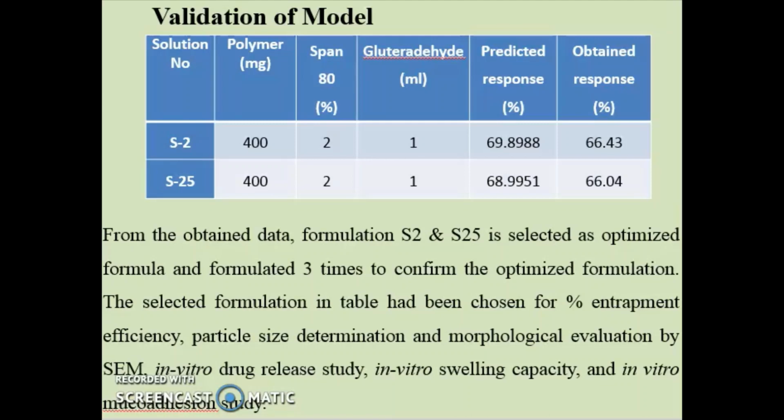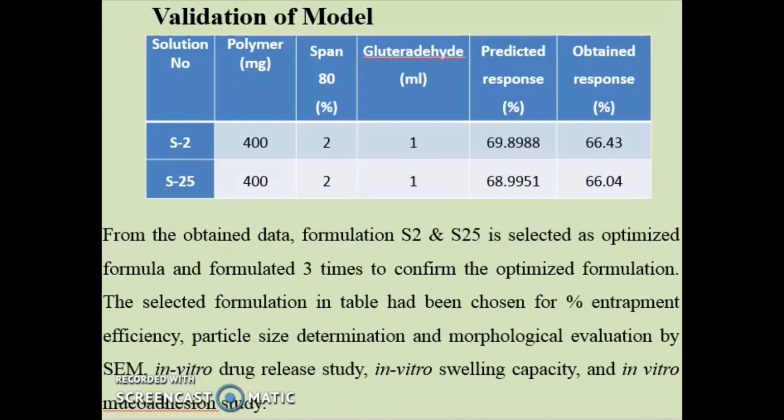Accordingly, we selected the S2 and S25 batches, and the batches were prepared, and again the percent entrapment efficiency is determined for both batches and matched with the predicted response. As shown in this table, the predicted response and obtained response are near to each other, so the residual is very less.